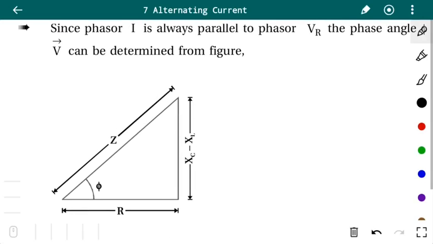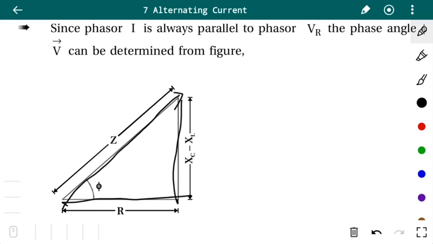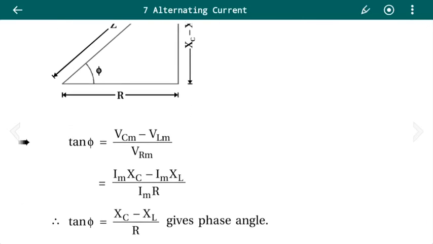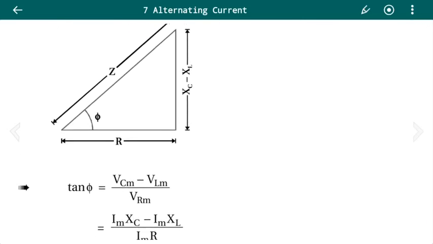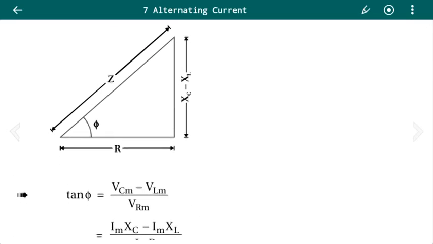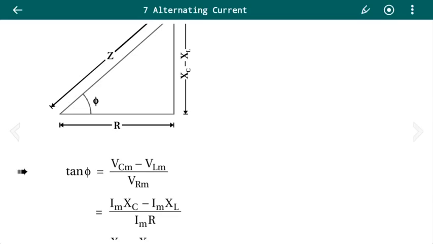Here if we draw the same figure in terms of just the resistance, reactance and impedance, this vector becomes impedance. Over here we had Vc minus Vl, so just writing its reactance, that is Xc minus XL, and here we had Vr, so just writing its resistance, it will be R. So from this figure, tan phi equals Vcm minus Vlm upon Vrm.